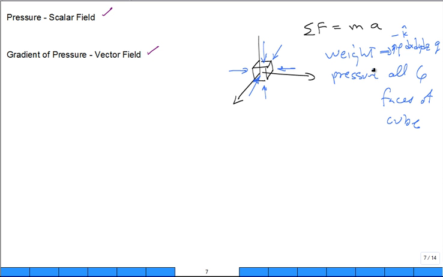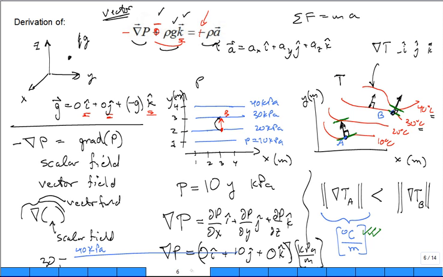And then each one of those forces pushes it in the x, in the y, or in the z. And then you have the acceleration. The mass is rho delta x delta y delta z. Put it all together, take the limits as delta x, delta y, delta z go to 0. You get a nice differential equation, which gives the negative of the gradient of p plus rho g as a complete vector equal to rho a.